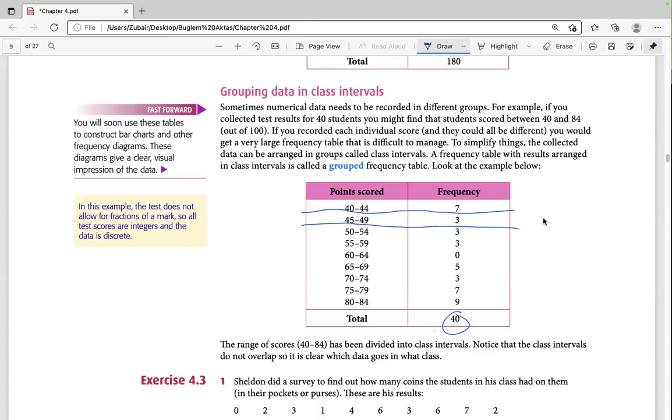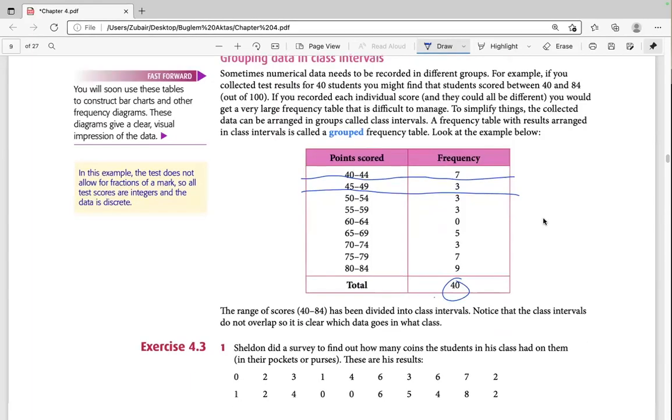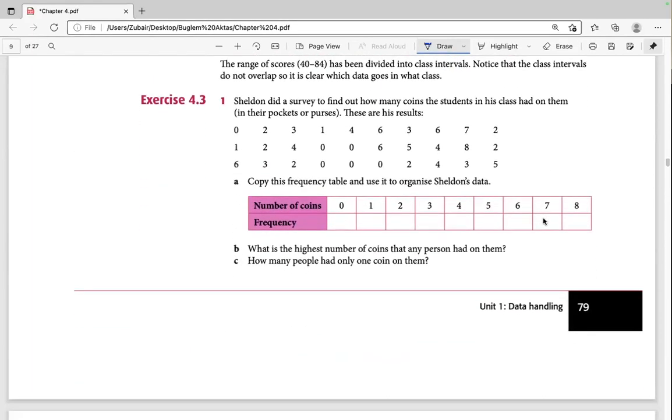The principal would never ask who scored 100, then who scored 99, who scored 98. She would say, how many of you got between 80 and 90? How many of you got between 70 and 80? Getting a fair idea what percentage of students lie in which category, in which class.